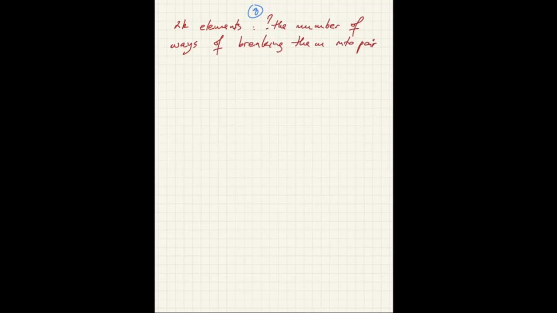So we have 2k elements. What is the number of ways of breaking them into pairs? Let's do some simple examples.